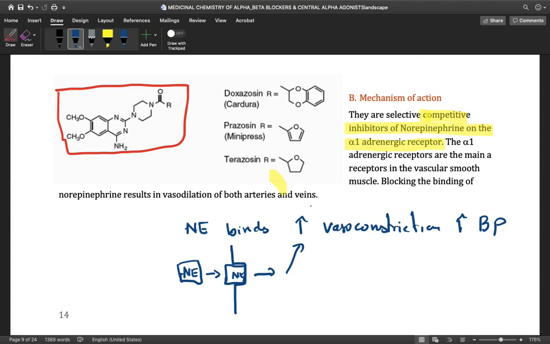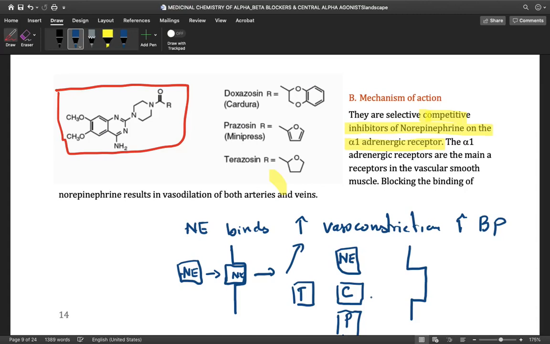So what these molecules are going to do, let me redraw this receptor here. You have norepinephrine in the system, but you're also going to have Cardura. I'm just going to call it C. You have Cardura, you have terazosin, and then you have Minipress or prazosin.